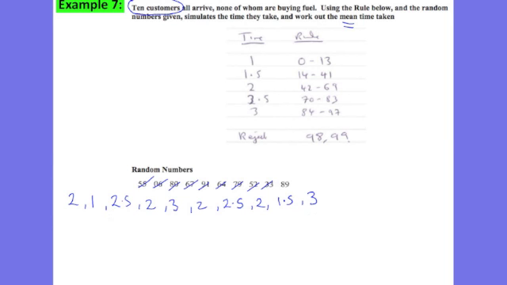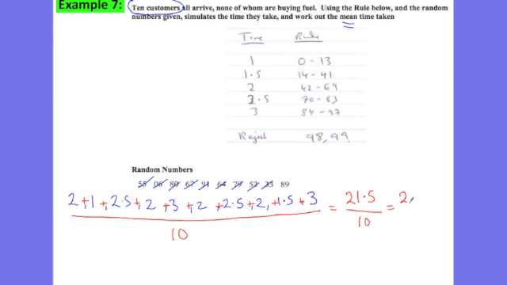To be able to find the mean, like we would with any set of numbers, we must add up each of these times and then divide by how many times there are. In this case, we have 10 random numbers. We are dividing through by 10. So our total is 21.5 divided by 10 gives us the average time of 2.15 minutes.